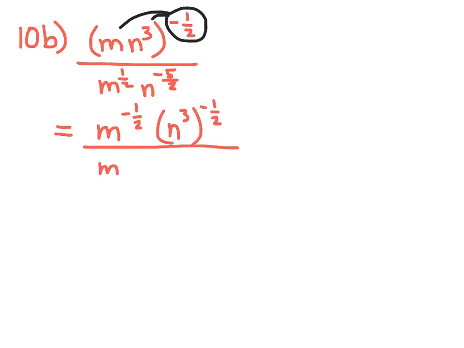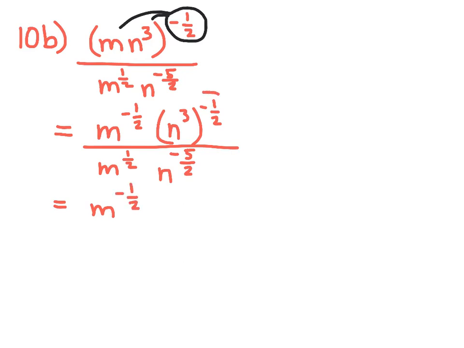So then I end up with this on the bottom still. And of course, some people can skip this step right here. They recognize that this is n to the power of 3 to the power of negative half, and they already multiply the 3 by the negative half, and that's okay. However, I'm going to do one step at a time. So this is m to the power of negative a half.